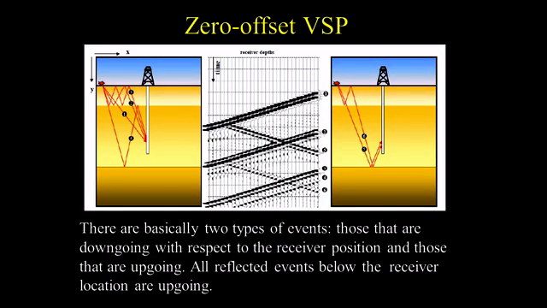Here is an illustration of zero offset VSP. The source is located directly above the receivers. In marine experiments, the source will most often be an air gun, whereas on land, it will be either dynamite or a vibroseis source. The physical quantity recorded in this experiment can be the borehole fluid pressure.